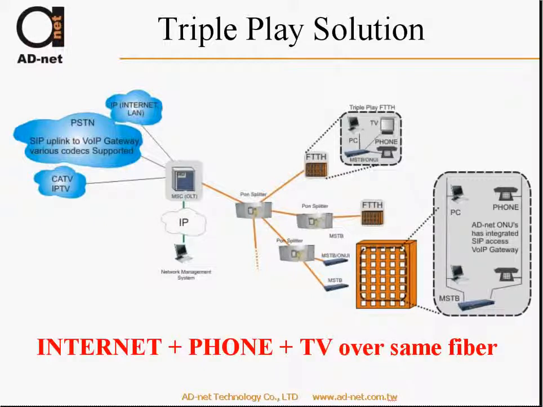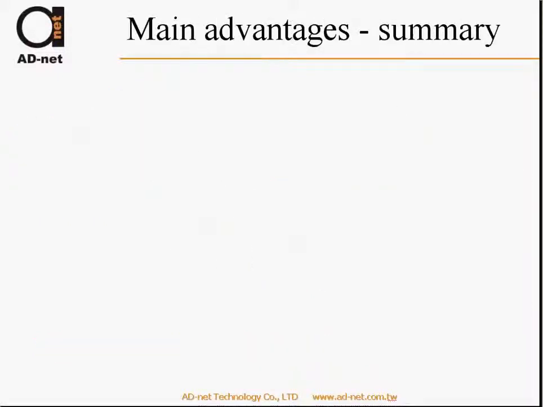The ONU at the customer side has an integrated access device, which is then connected to the customer phone. Then you can have a CATV port for the TV services, and of course an IP port for the internet, and all that needs just one device at the customer house.